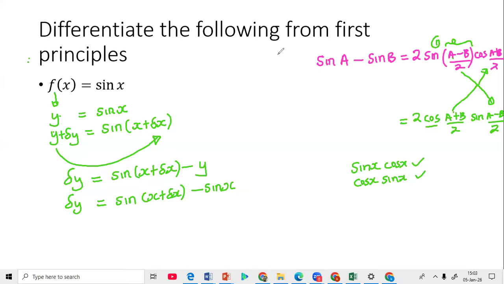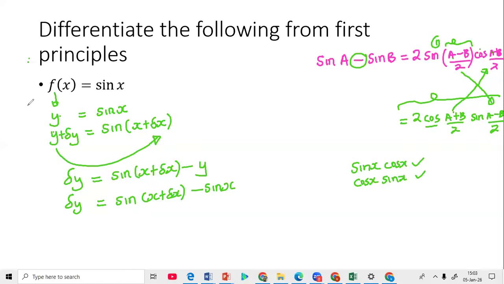Members, let me know through the chat: are they the same or different? Yes, they are the same. But I think the one you are mostly used to is this one. As long as whenever you have a subtraction, for the cos you are adding the two angles. That one, do not forget.